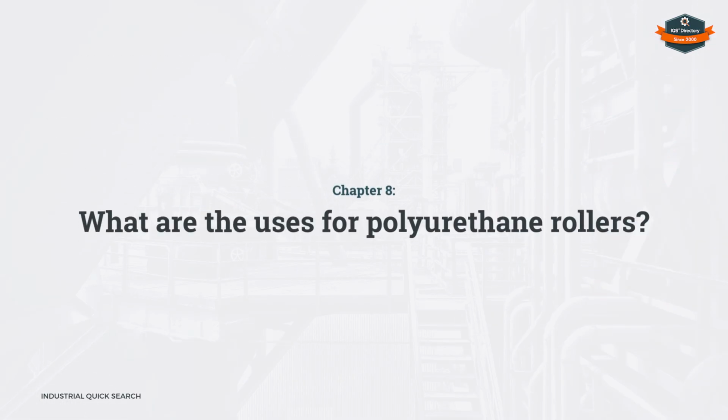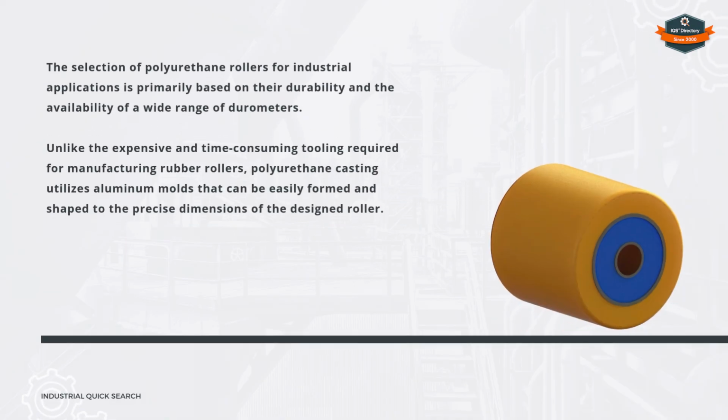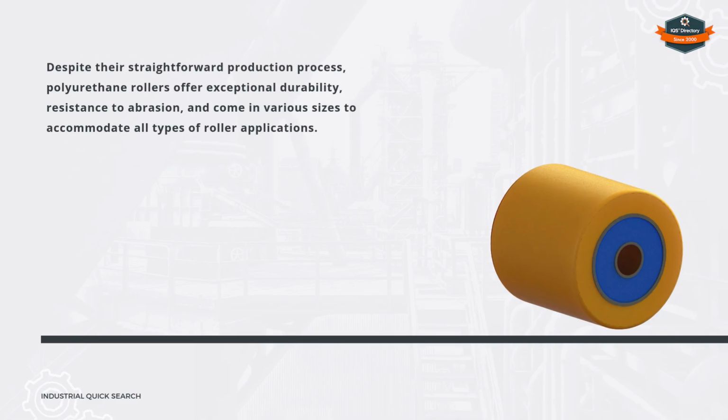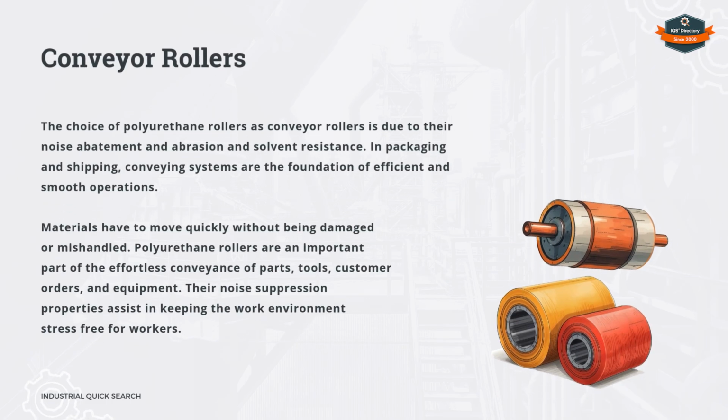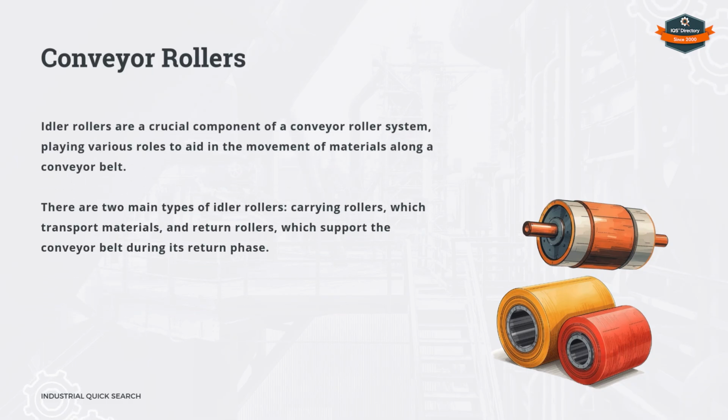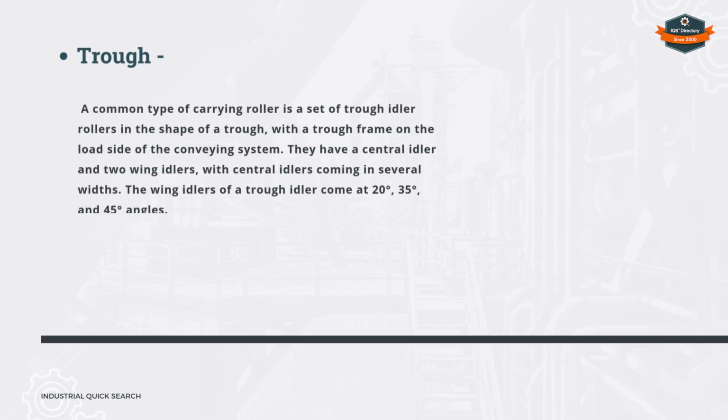Chapter 8. What are the uses for polyurethane rollers? Conveyor rollers. Trough.